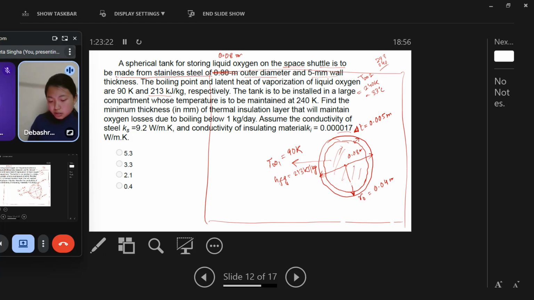So there is another insulation layer which is surrounding.